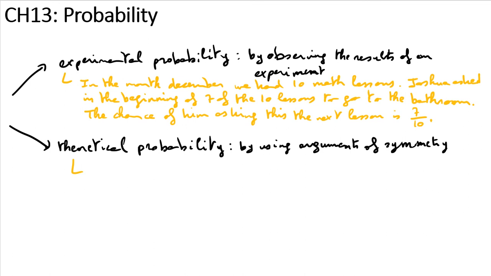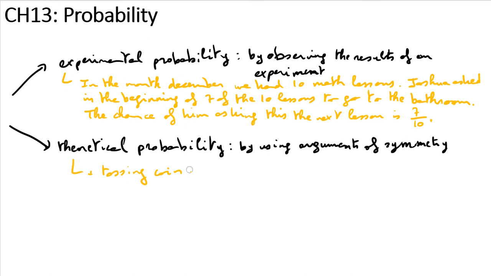For example, tossing a coin. So let's say we toss a coin and I ask you, what is the probability that it lands heads up? And you will answer 50% or 1 over 2. And you don't need an experiment to say that. You just use logic. So you use arguments.